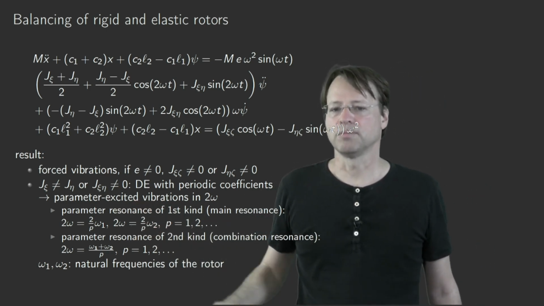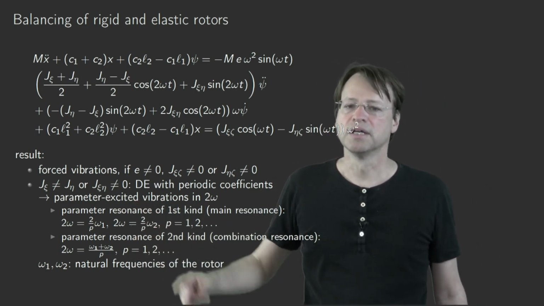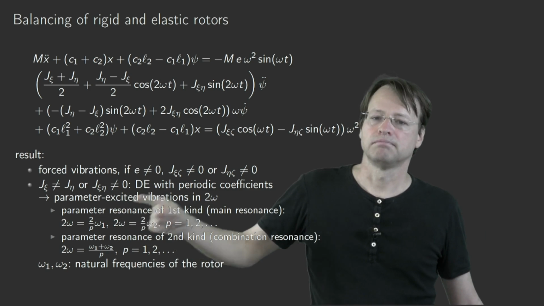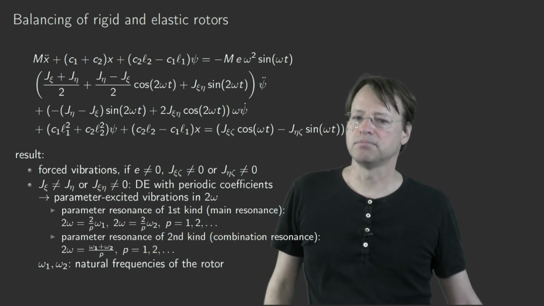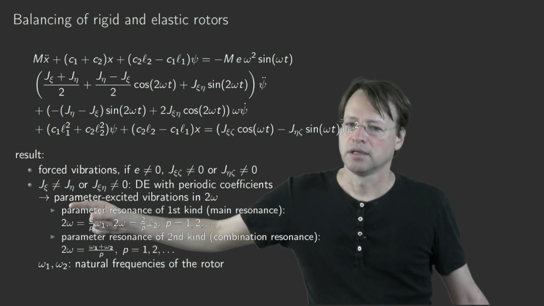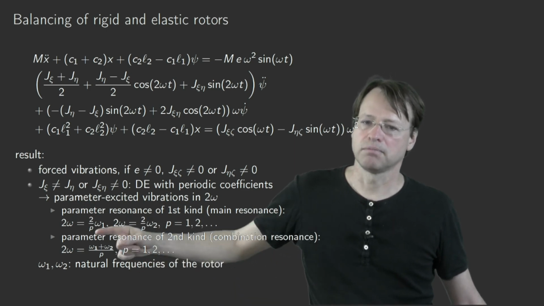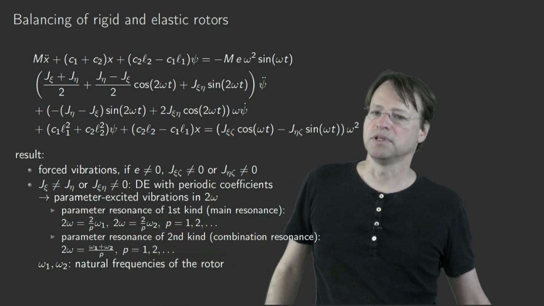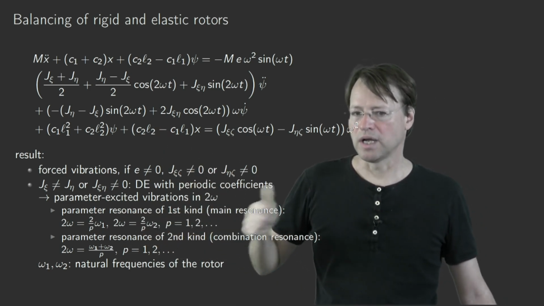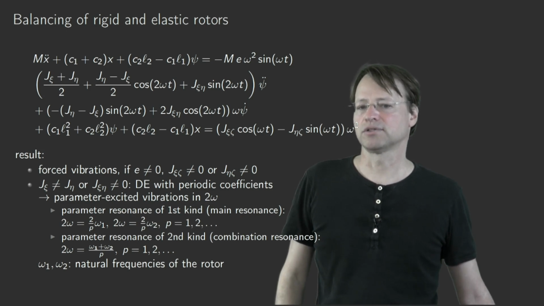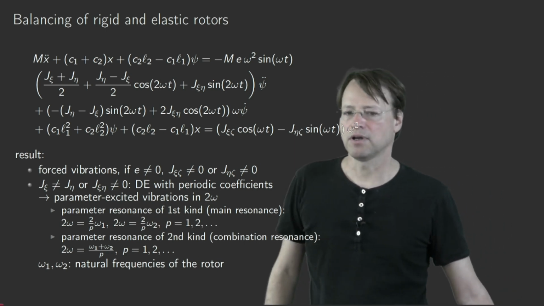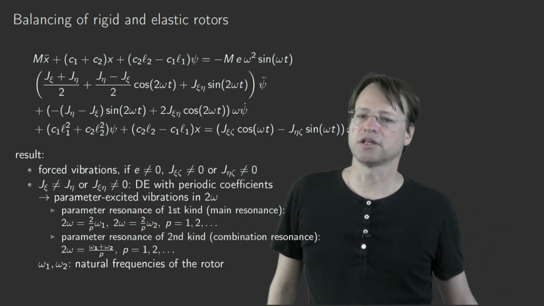If omega 1 and omega 2 are the natural frequencies of your rotor system, for these 2 degrees of freedom, if you take multiples where p is a natural number, so 2 omega 1 is 2 times pi, the natural number times omega, then due to that periodicity, you obtain not only one parameter resonance of that kind, called main resonance, but you get countably infinitely many of these. So again, due to the fact that there's a natural number in here.